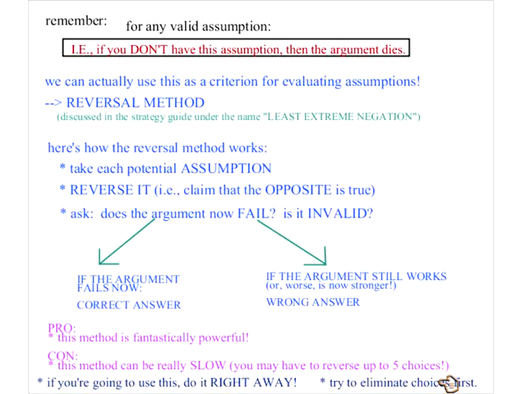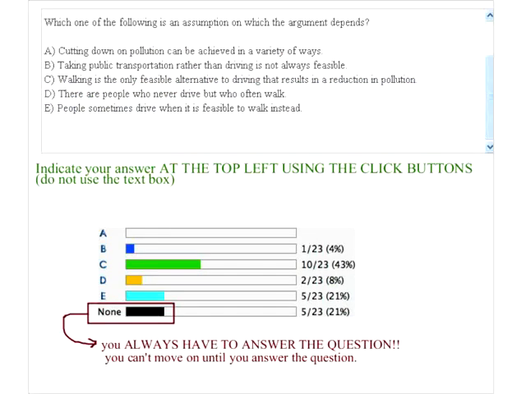And when you have some contenders left over, try to use this reversal method. For instance, in this problem, nobody picked A, so you don't have to try the reversal method on A. You can look at A and tell that it doesn't help. So there you go. Try your hand at the following problem using all of these methods that you've got.